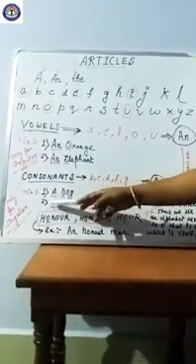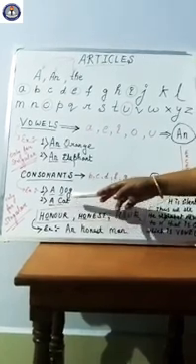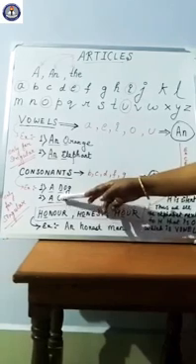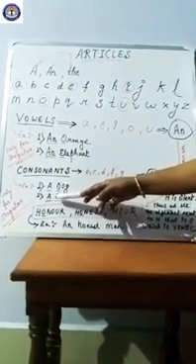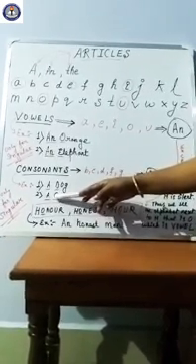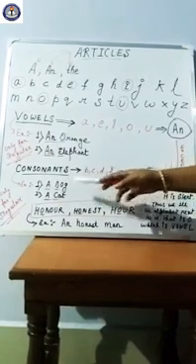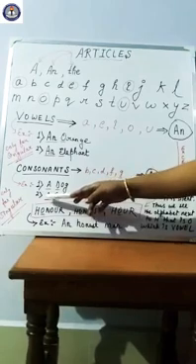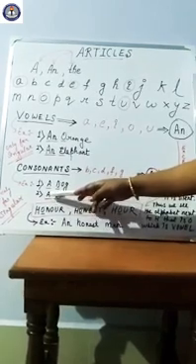And another one, a cat. So, here also cat starts with a consonant. Look, C is a consonant. So, here also before cat we use A. Clear?